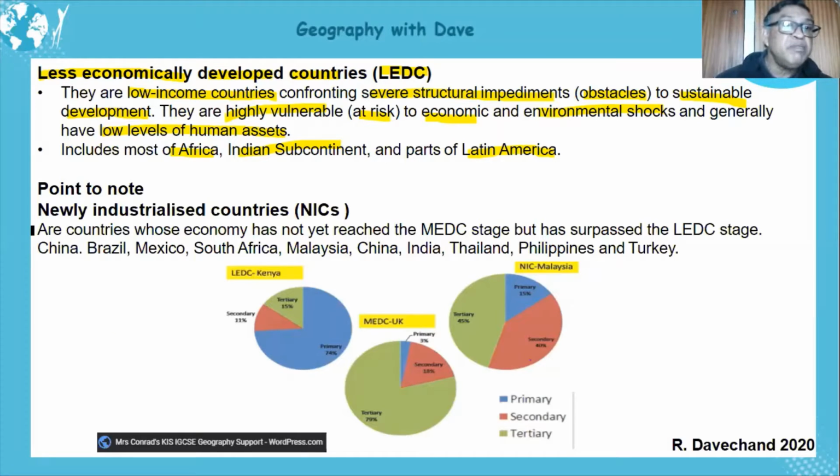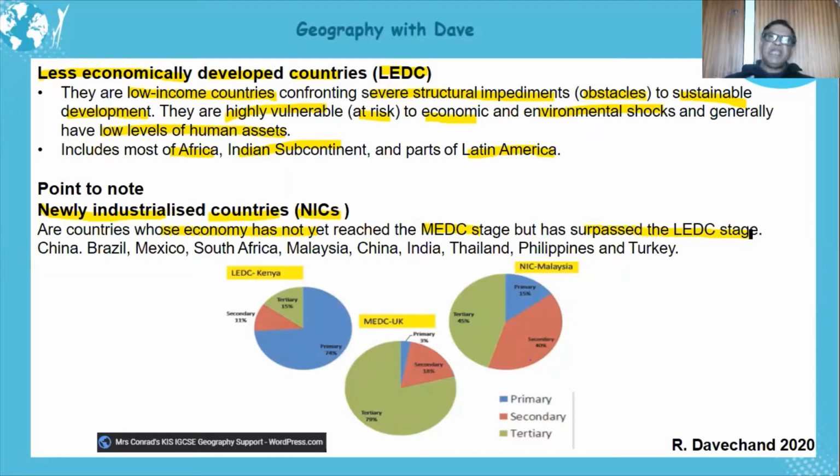So we call them the newly industrialized countries, the NICs. They are countries whose economy has not yet reached the MEDCs, but on the other hand, they have moved past the LEDC stage.